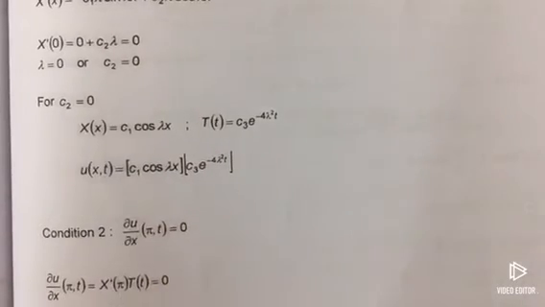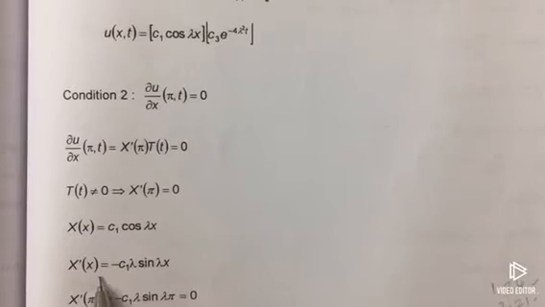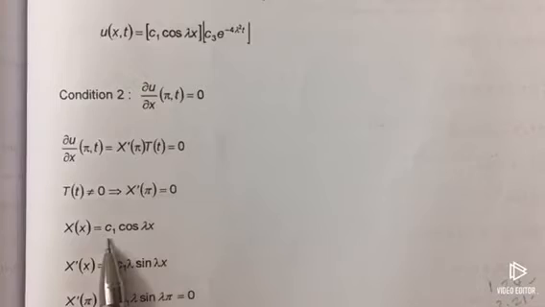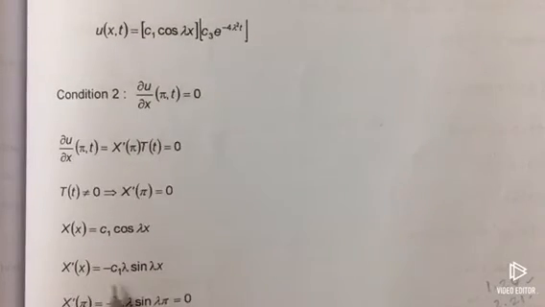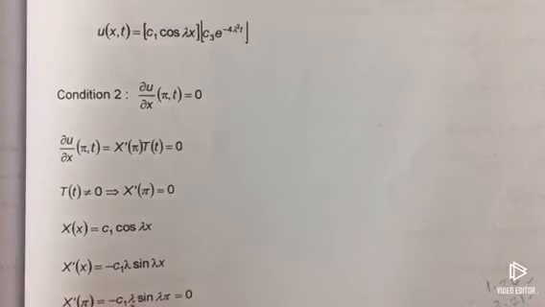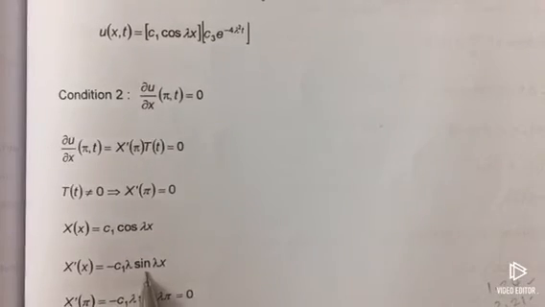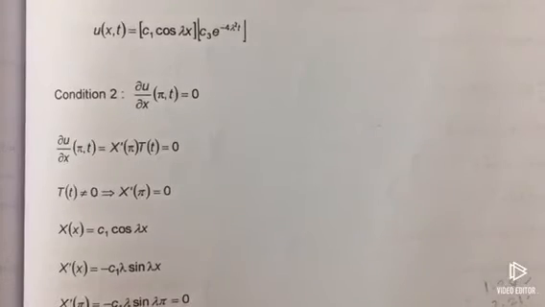Differentiating, X prime equals negative C1 lambda sin(lambda x), and then substituting x by pi, we get negative C1 lambda sin(lambda pi).